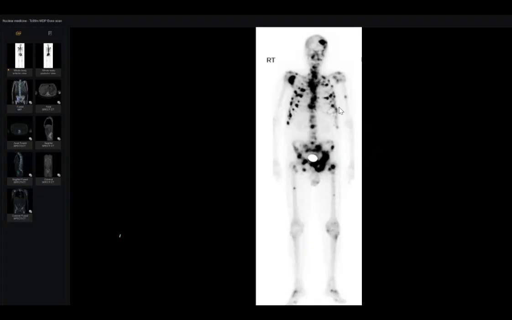Multiple myeloma is originally an abnormal plasma cell within the bone marrow itself. So, it does not activate the osteoblastic power of the bone at all. It does not initiate or stimulate the osteoblastic activity of the bone marrow.